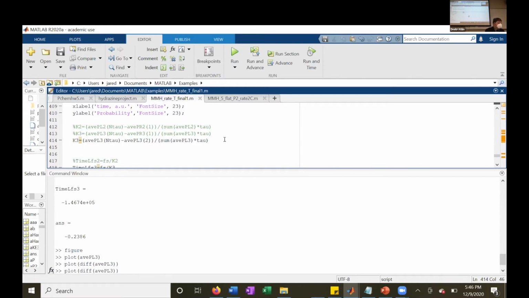So the denominator is the population at point n tau minus the population at point 2, slightly away from 0 because at 0 there is a spike for numerical reasons. Then divide by the summation of this population times tau, which is an integral of the population over time, right? So this is the integration-based calculation of the reaction rate.